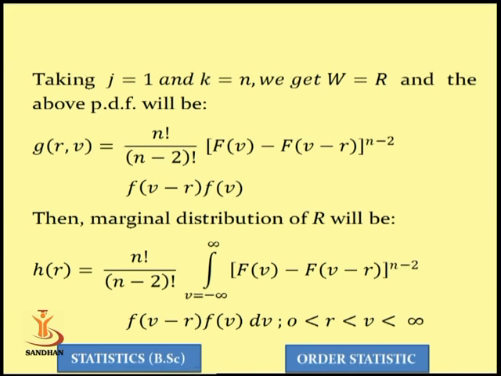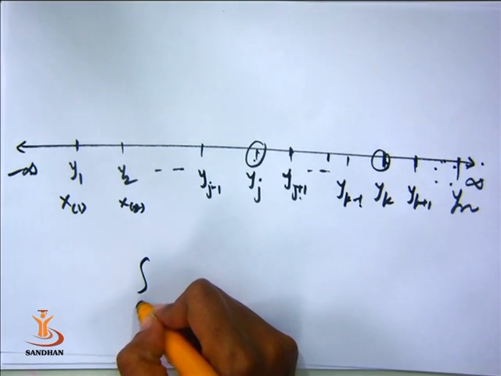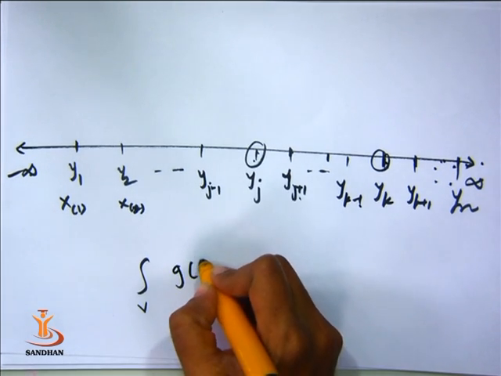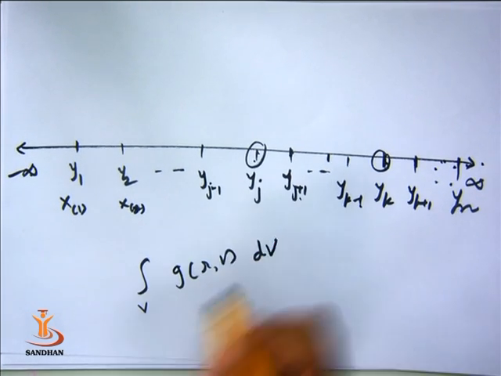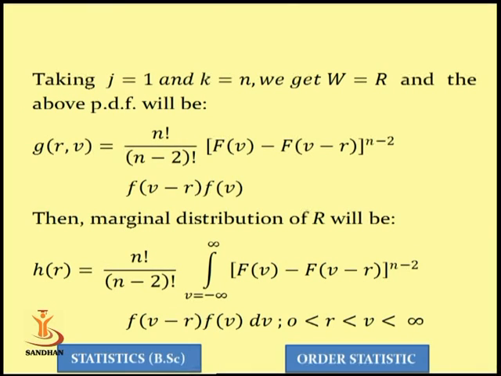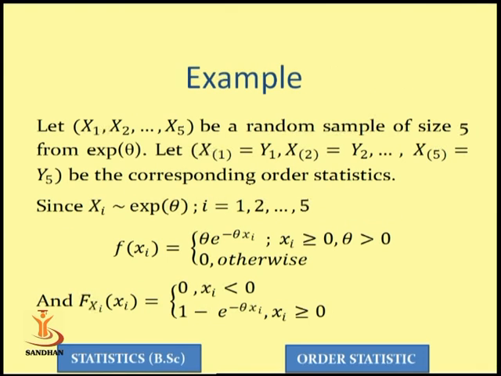That will give you the distribution of range as, suppose we denote it by h of r, n factorial upon n minus 2 factorial, integration over v of the density we have here, and take care of the range: 0 less than r less than v less than w. That is very important.